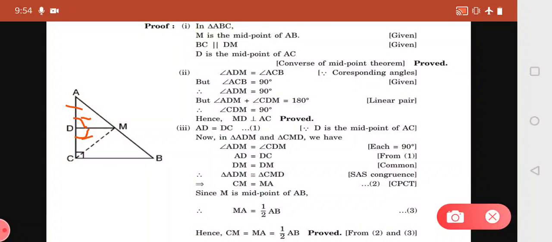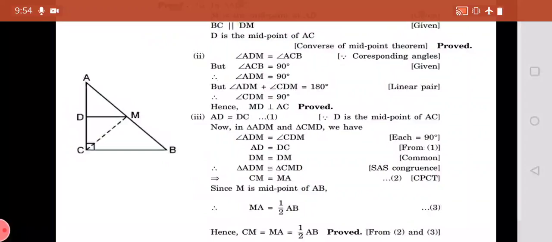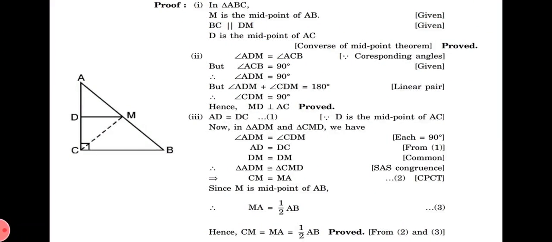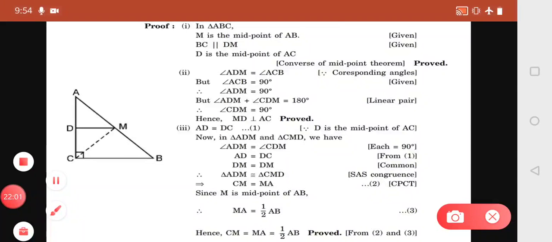Next, AD equal to DC and DM equal to DM, common. Therefore, triangle ADM is congruent to triangle CDM by SAS congruence rule. Implies that CM equal to MA, by CPCT of these two triangles we get CM equal to AM.